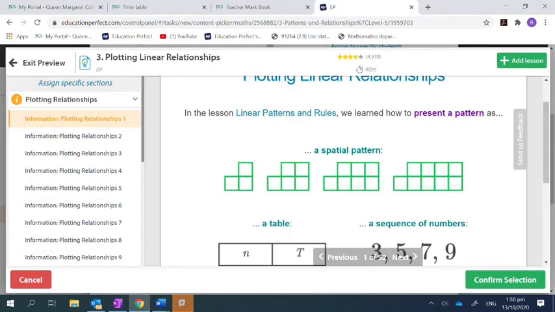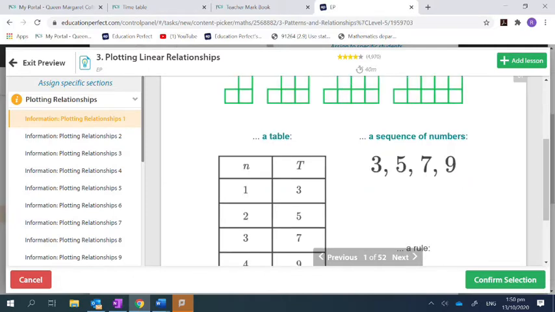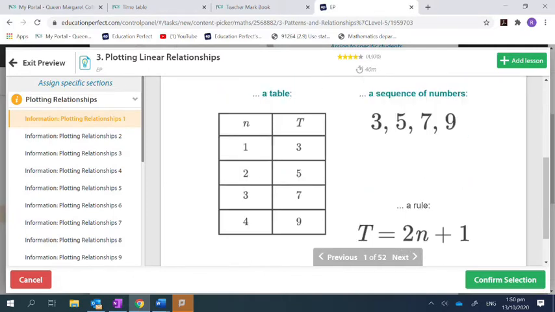So, plotting linear relationships. If you'll remember these, you have a pattern that's made up of blocks or pictures of matchsticks or whatever. We could also have it represented using a table. We could also have just a sequence of numbers, where you always know the first one is, so that would be 1 and 3, 2 and 5, 3 and 7.